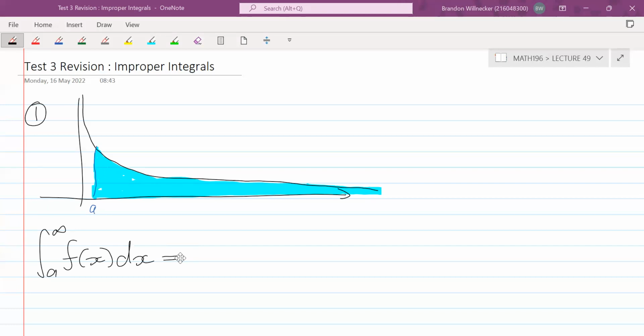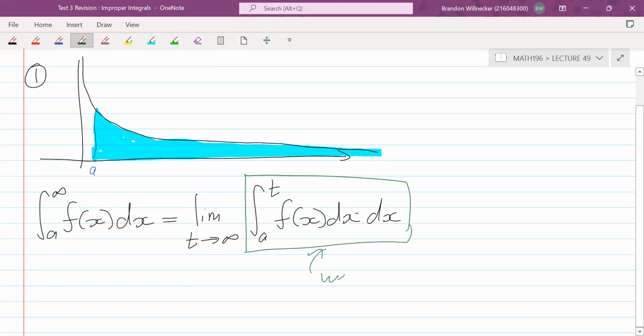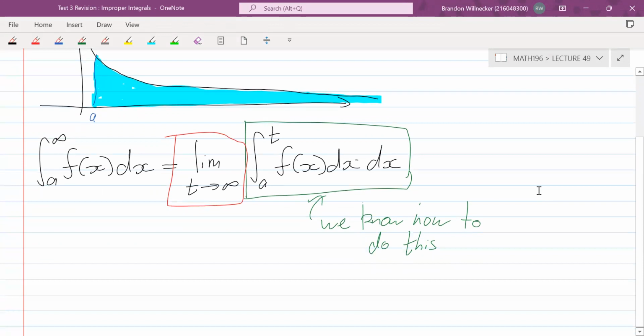So instead of writing this, we write the limit as t goes to infinity of the integral from a to t, f of x dx. This way, we can calculate the integral. We know how to do that. It's just a definite integral with a lower bound a, upper bound t.